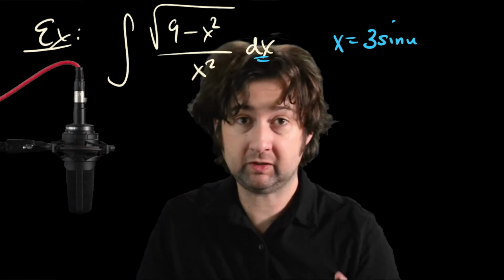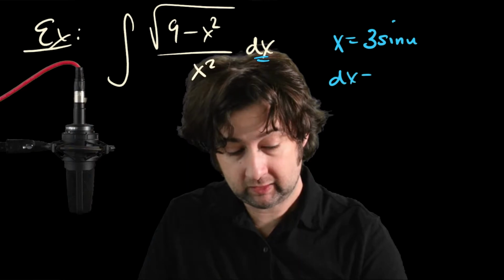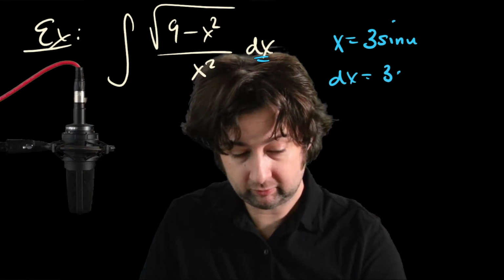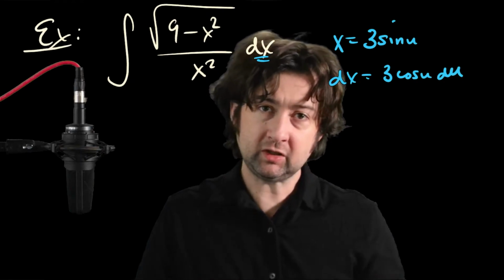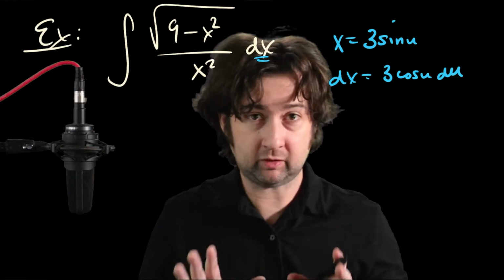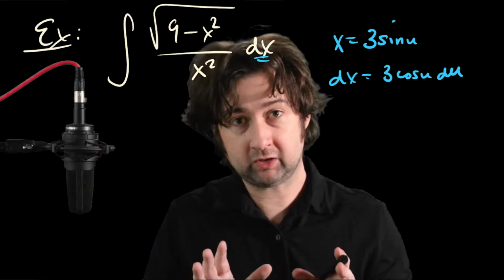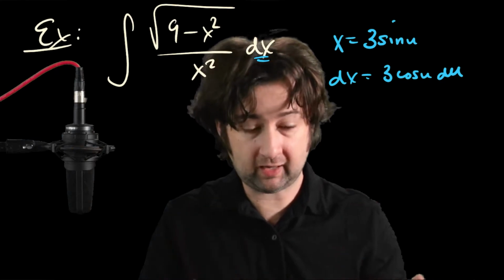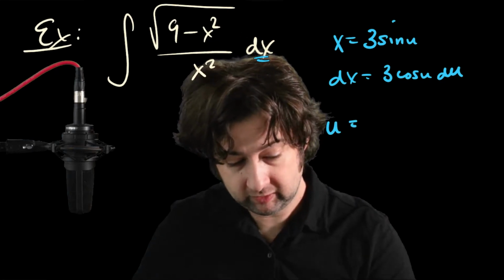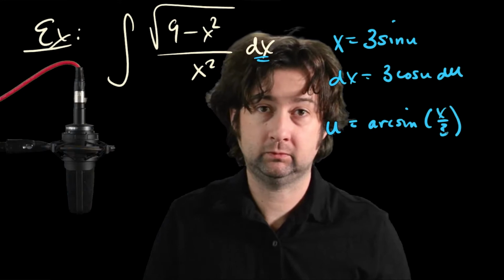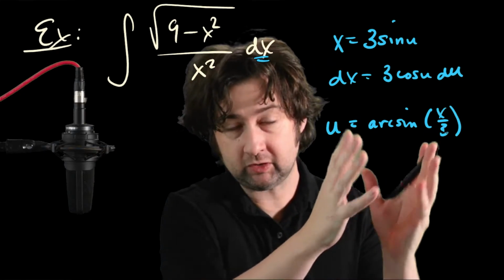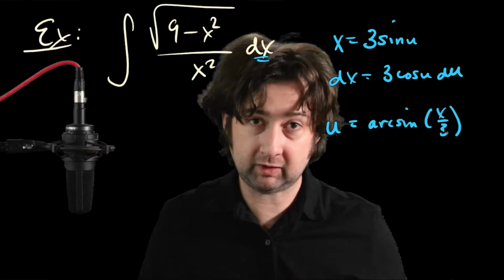And I also need to replace the dx. dx is equal to 3 cosine u du. And just because I might need it when the problem is over, I'm also going to look at the relationship where u is a function of x. So u is equal to the arcsine of x over 3. So armed with these substitutions, let's transform this integral into something we can actually solve.